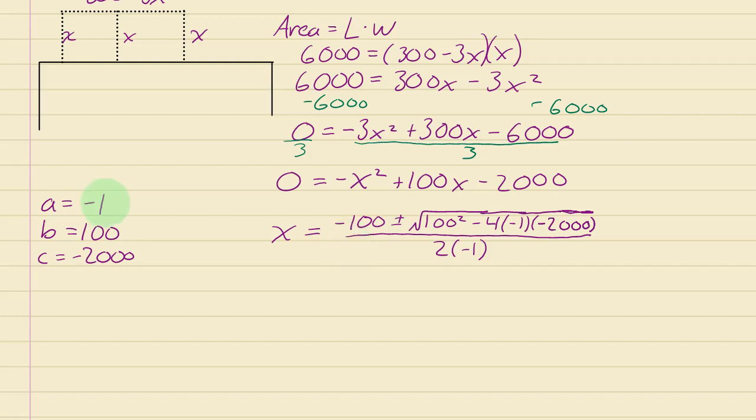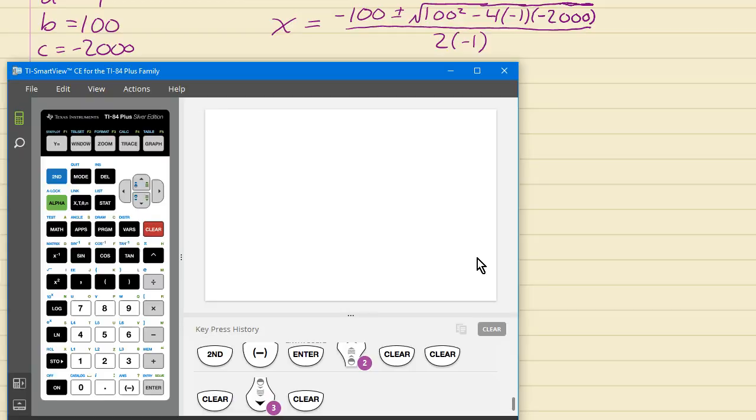I'm using a equals -1, b is 100, c is -2000, and so that should become -b, which is -100, plus or minus the square root of 100 squared minus 4 times a times c, divided by 2 times a. There. And we're going to plug this into a calculator. Remember, we need parentheses around the whole top of the fraction and around the bottom of the fraction.